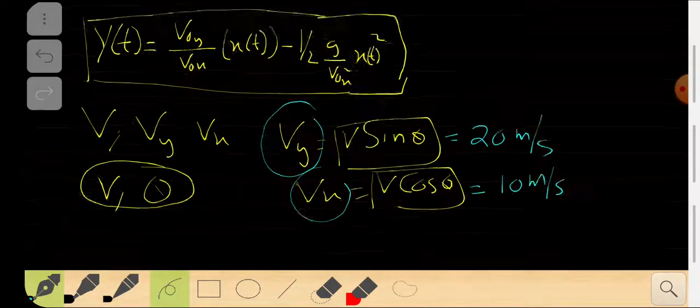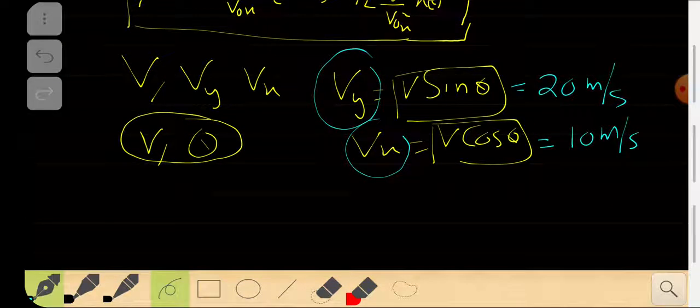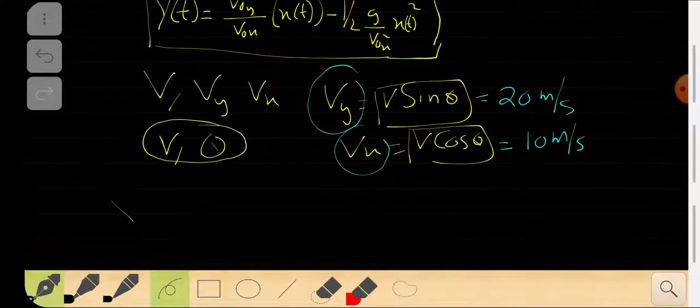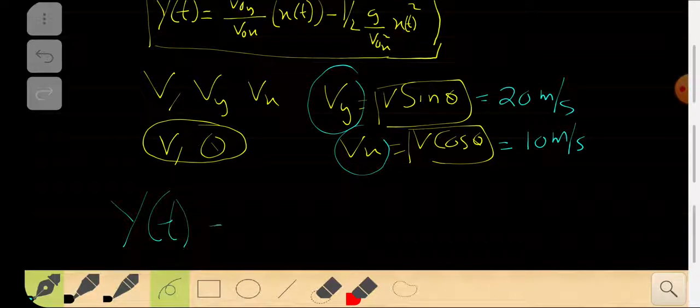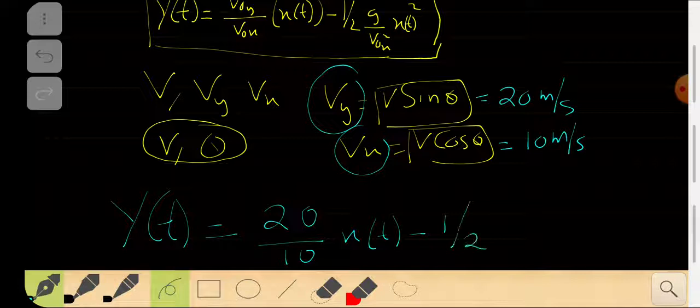So y of t will be equal to v0y, which is 20 meter per second, divided by v0x, which is 10 meter per second, times x, which is a function of time anyways, minus half g, let us assume it to be 10. 9.8 is the accurate value, but I'm pretending that it is around 10.